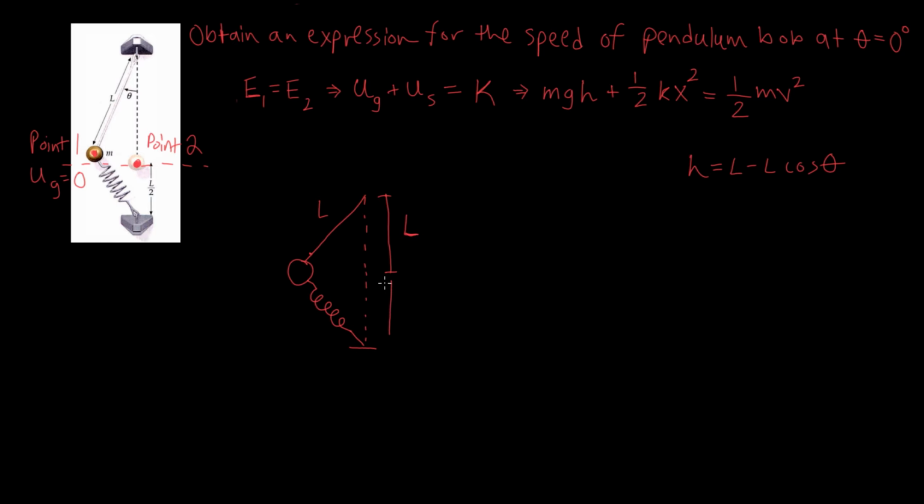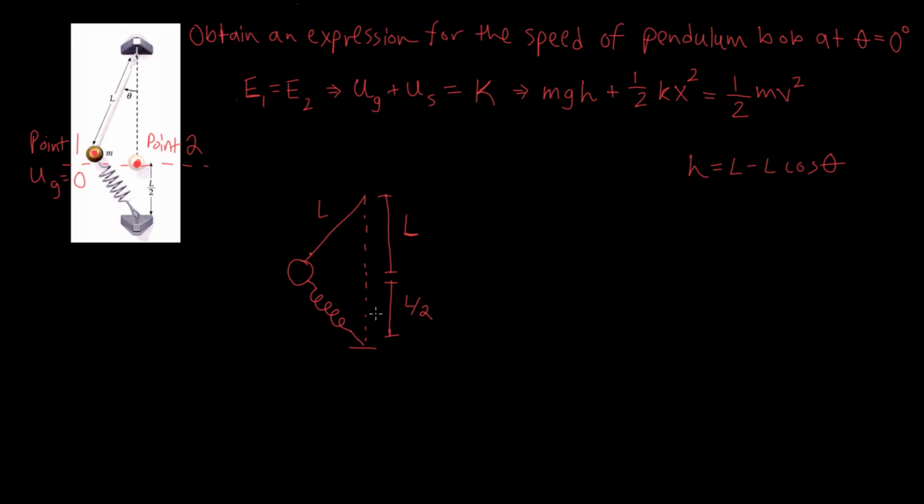This value right here is also a given variable because that's just the length of the spring in its natural unstretched position. But now when we pull aside the pendulum bob to a different position, we're stretching the spring to a value that is greater than L divided by 2.